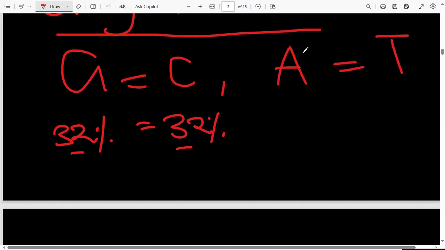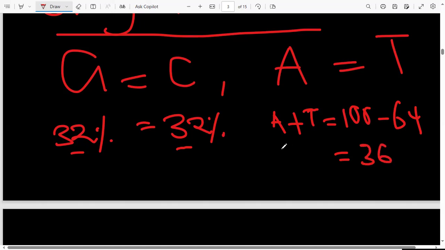The total percentage of A plus T should be 100 minus the percent of guanine and the percent of cytosine. So 32 plus 32 is 64, and when you subtract, you get 36.